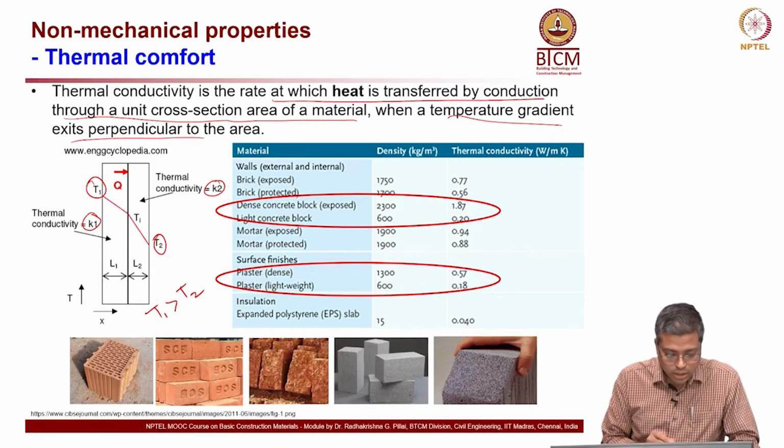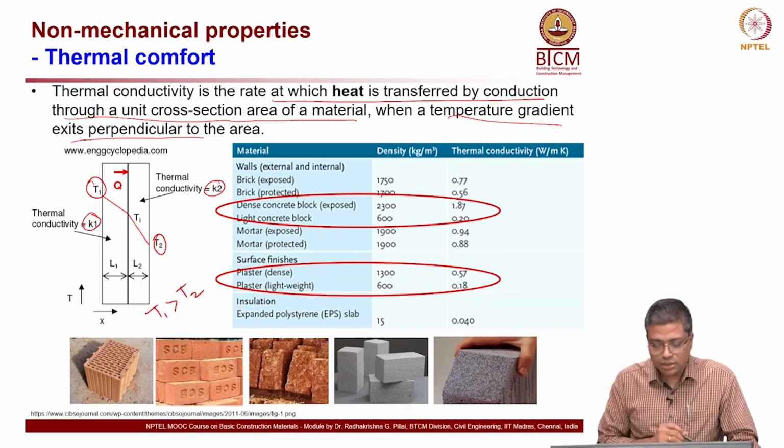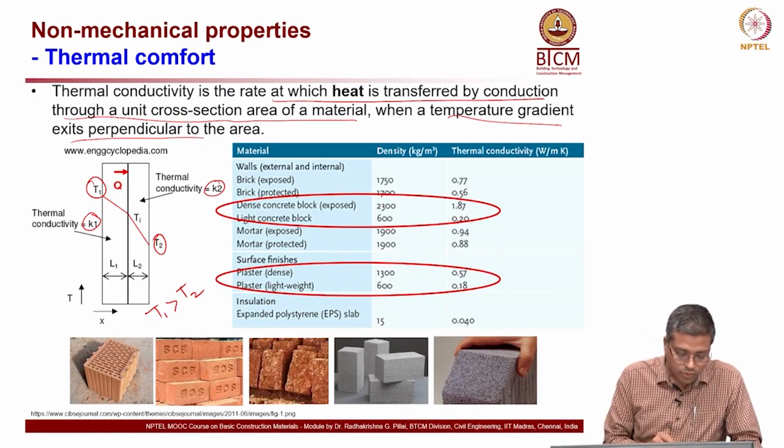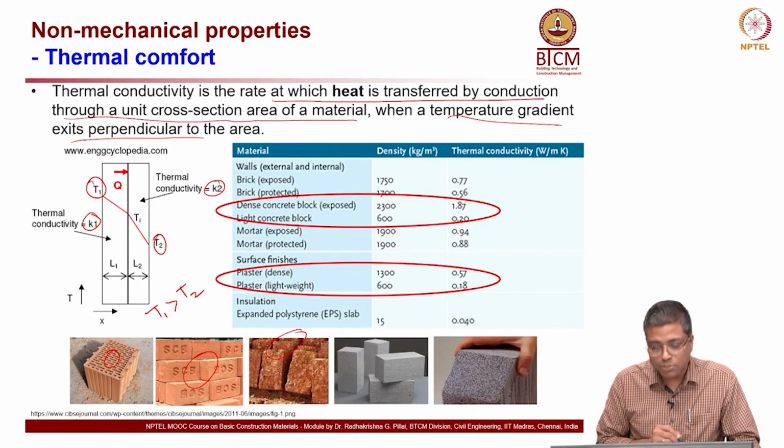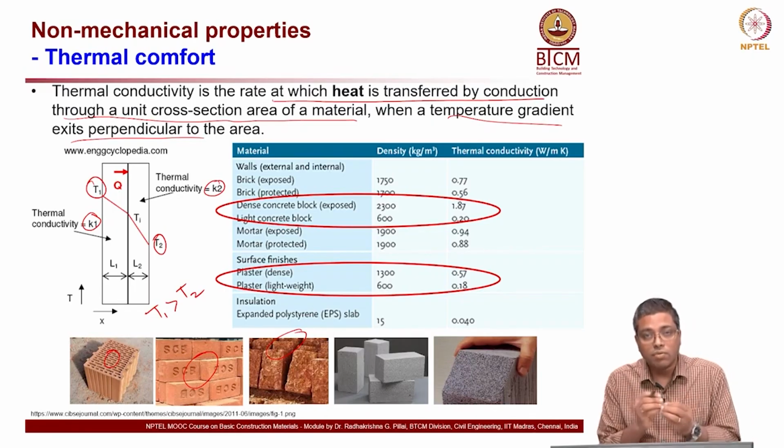Here are some example materials at the bottom. I am just going to take this example of brick, where you have one with a lot of open space inside by design. The second picture is a typical clay brick, and the third picture is a laterite brick, which also has a lot of air voids inside.